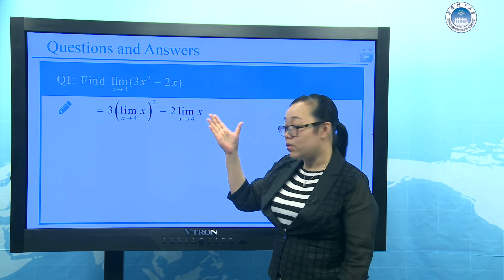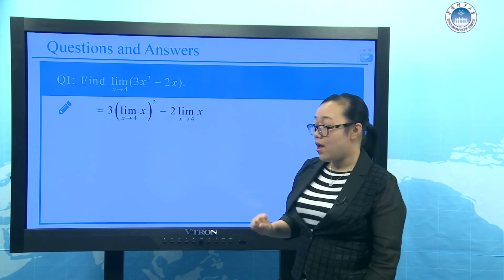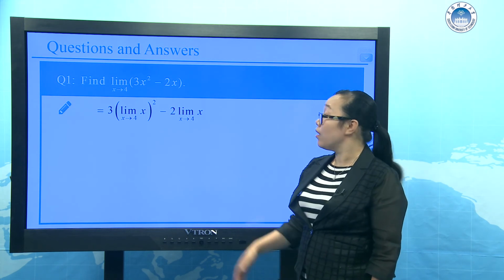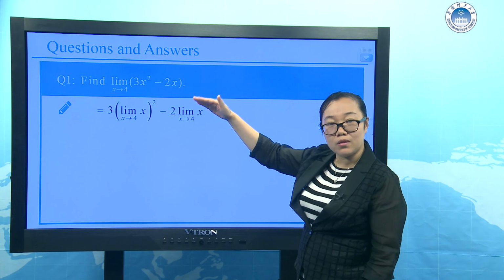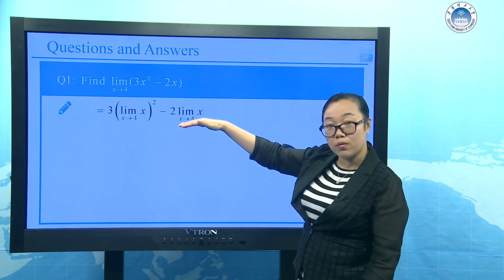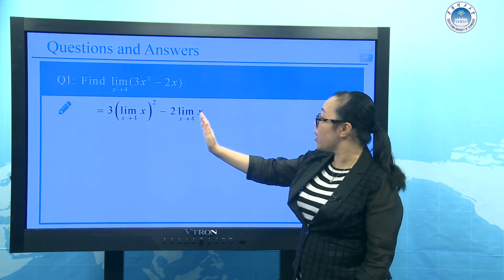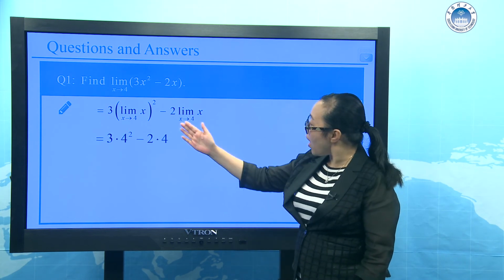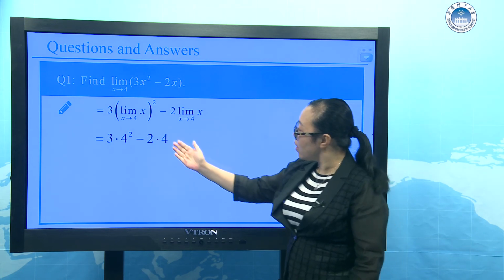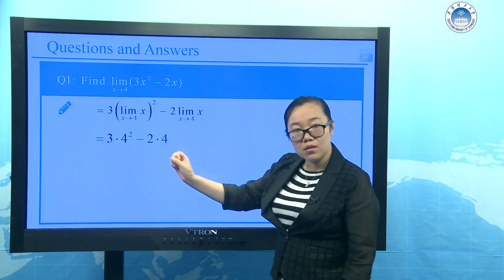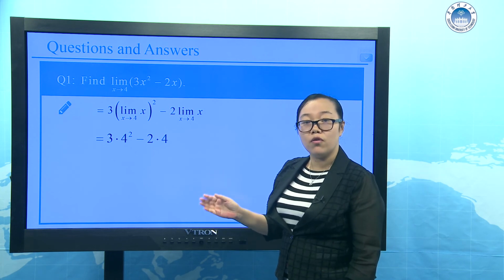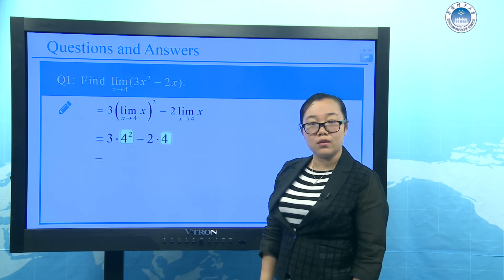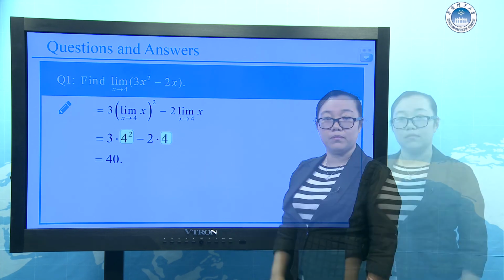Taking the square out, do the limit first and then square. Minus 2 times the limit of x, the number 2 being a constant you can take out. Together it equals 3 times the limit as x tends to 4, which equals 4. So the answer means 3 times 4 squared minus 2 times 4. We get the final result equals 40.